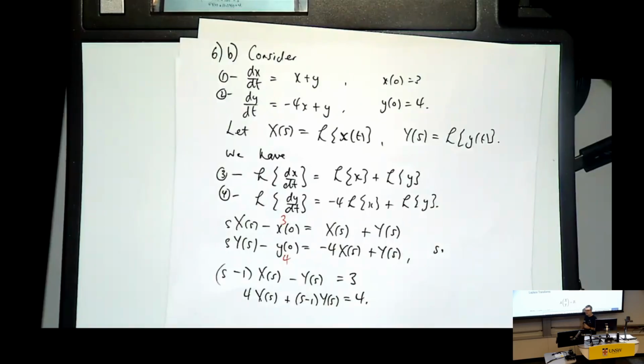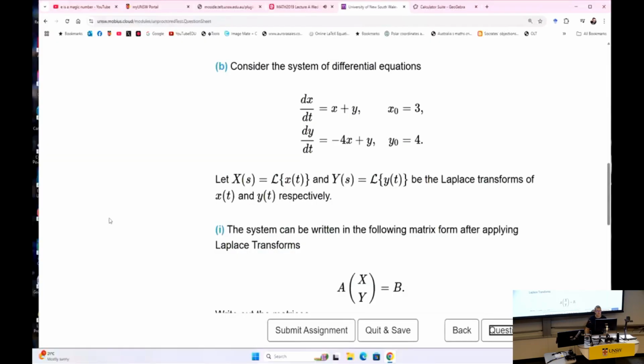Okay? So, linear system. I can solve that a couple of ways. I can solve it using, say, simultaneous equations, or I can solve it using matrices, right? I'm going to do it using matrices. You can do it any way you like. Because if you go back to our question, obviously we want to be able to answer the questions here.